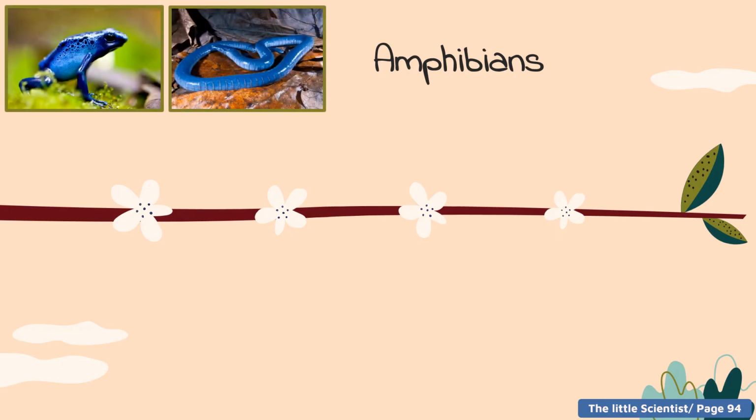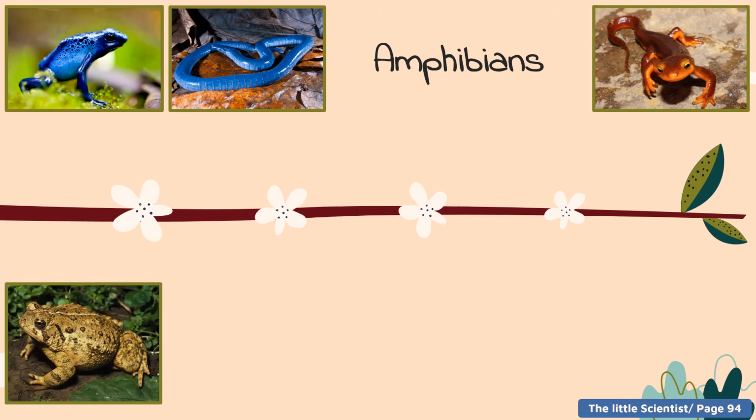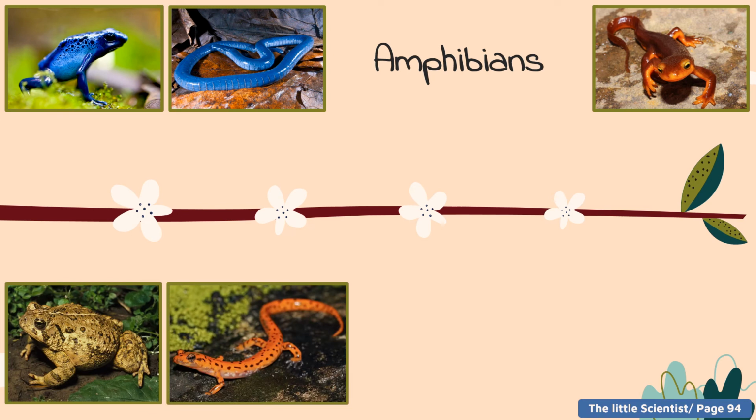Again, here are pictures of amphibians. Frogs, caecilians, salamanders, toads, and newts, I think. Amphibians have a moist, slimy, shiny, naked skin. They are oviparous, they lay eggs.